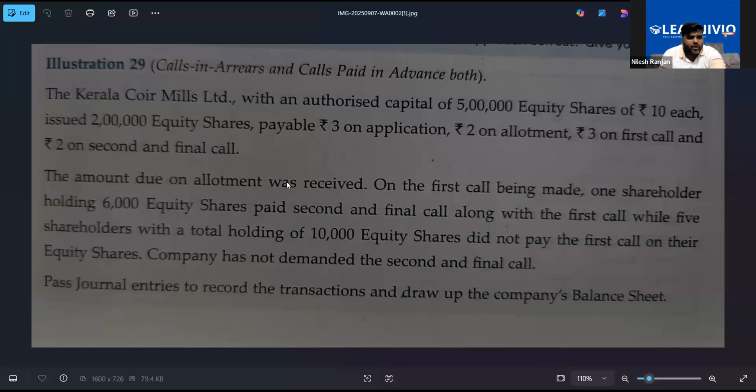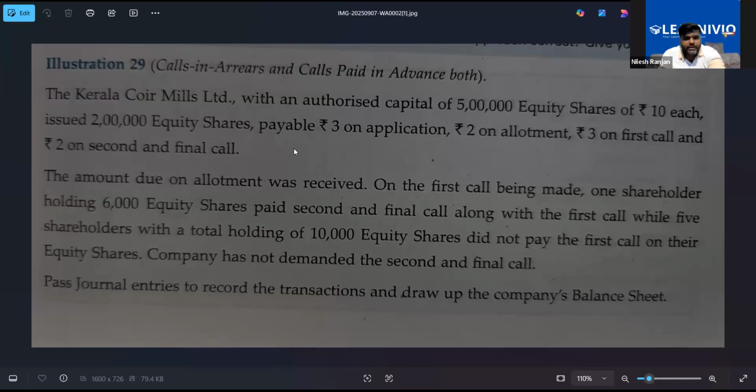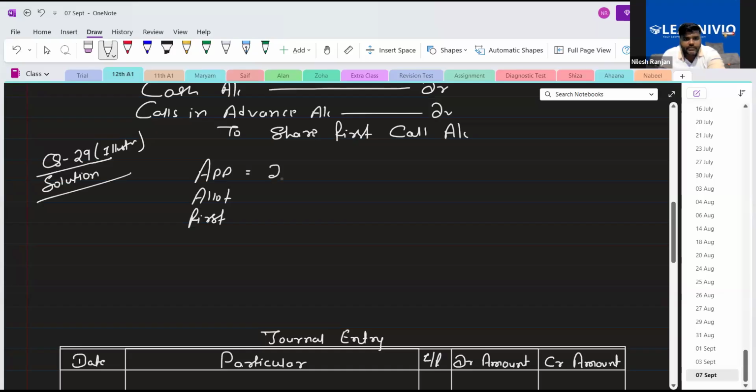It is not mentioned how many applications were received, so we will assume the total 2 lakh issued equity shares are subscribed. So application: 2 lakh into 3, it will be 6 lakh.